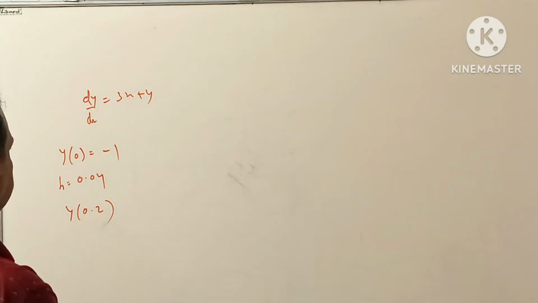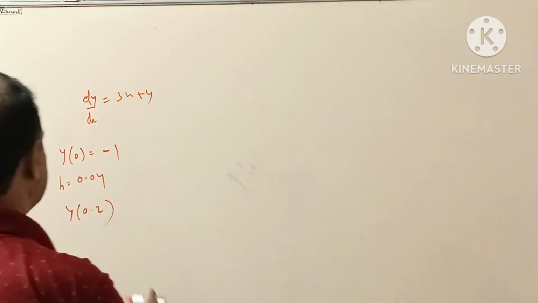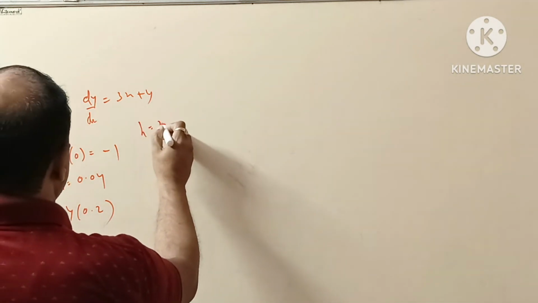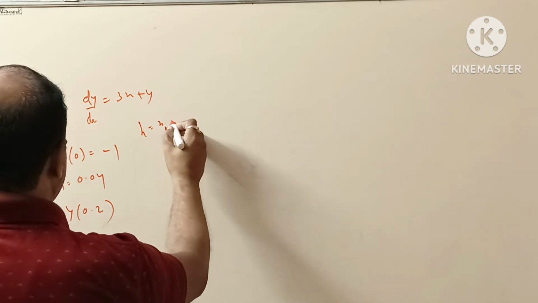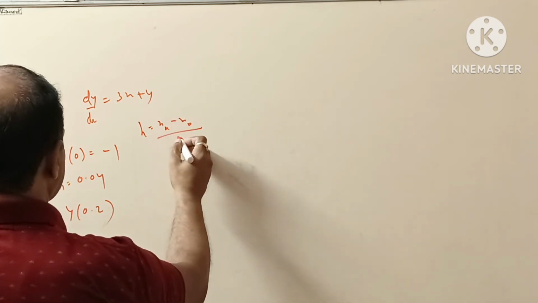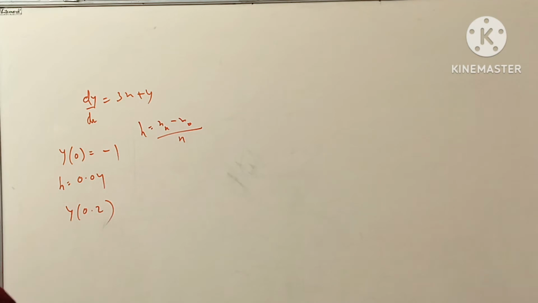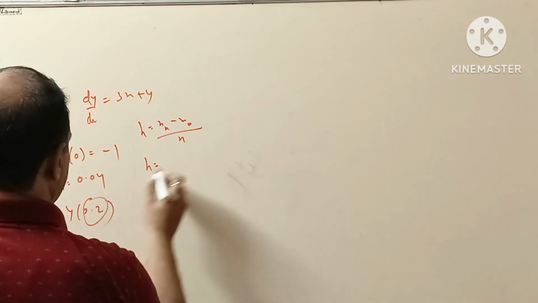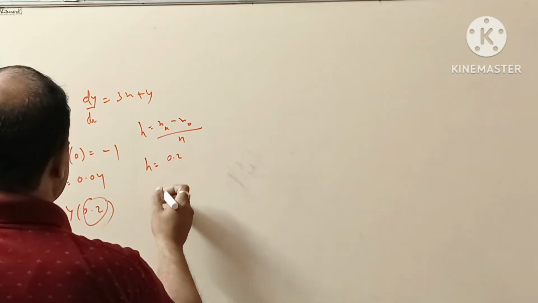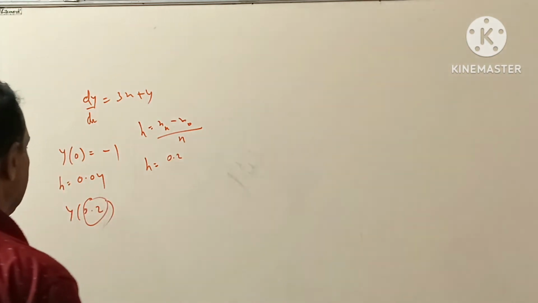Now the first thing is, what is h? h is equal to xn minus x naught over n. Here xn is 0.2, and we are given h.